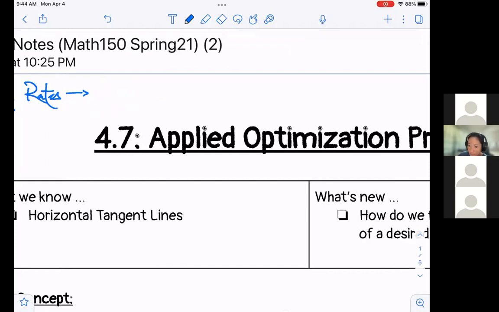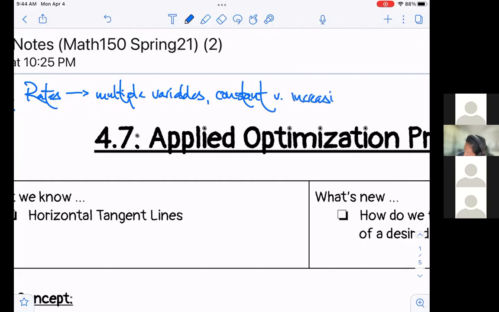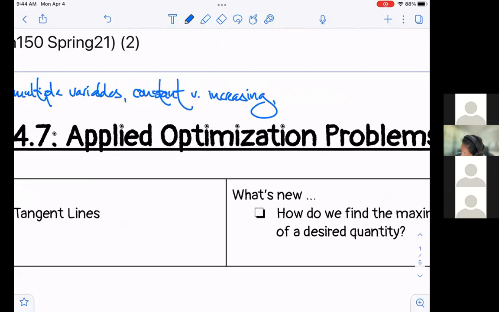A few ideas that I've seen come into the chat are looking at multiple variables, constant versus increasing, and relation to time.